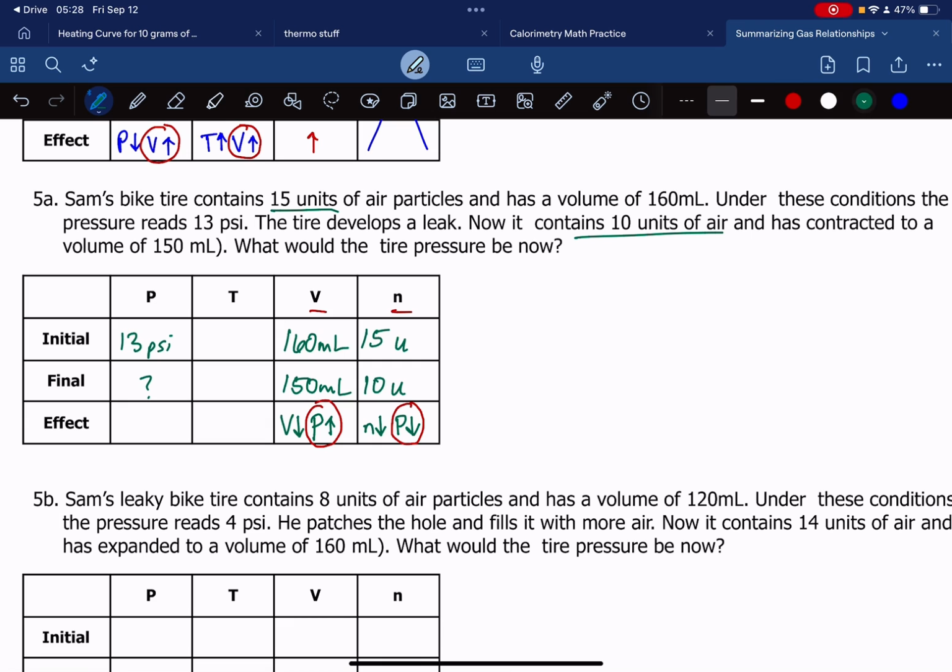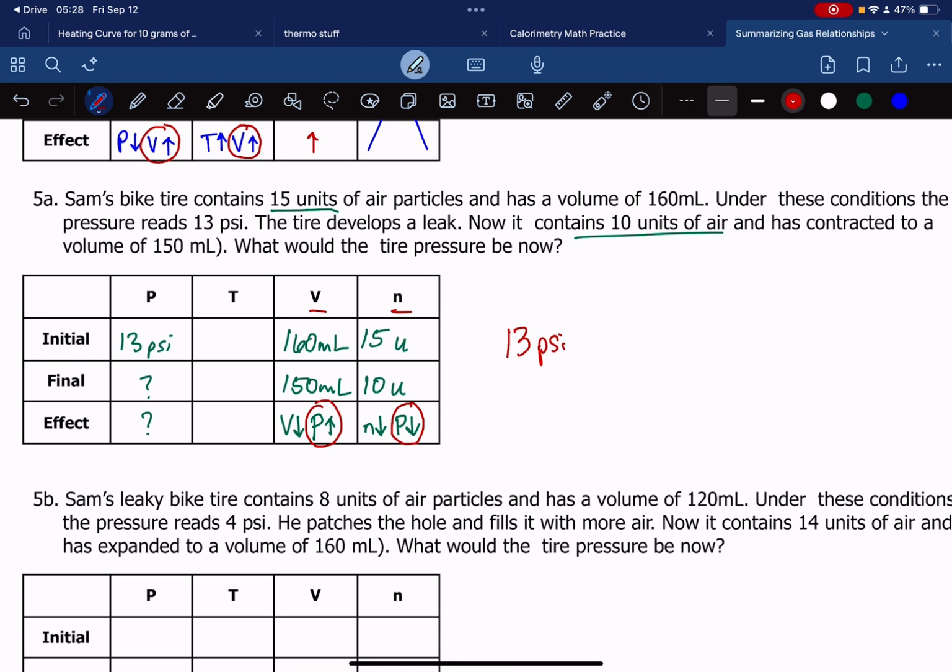When we do our math, right now, we don't know what the effect is because maybe the volume decrease and the amount decrease are going to offset each other and there'll be no change in pressure. I don't know. Or maybe the volume has a bigger effect or maybe the amount has a bigger effect. In order to figure it out, we have to do the math. So, here's how we do the math.